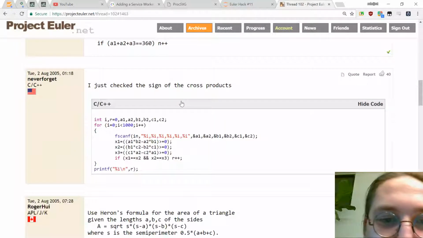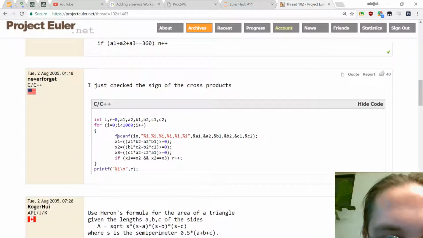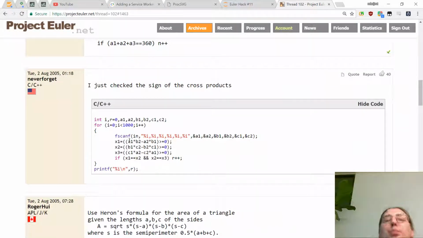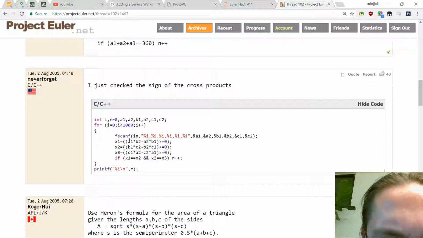Okay, here we have. Oh god. Okay, so I think cross product. Just check this. Cross product of what exactly? So A1.